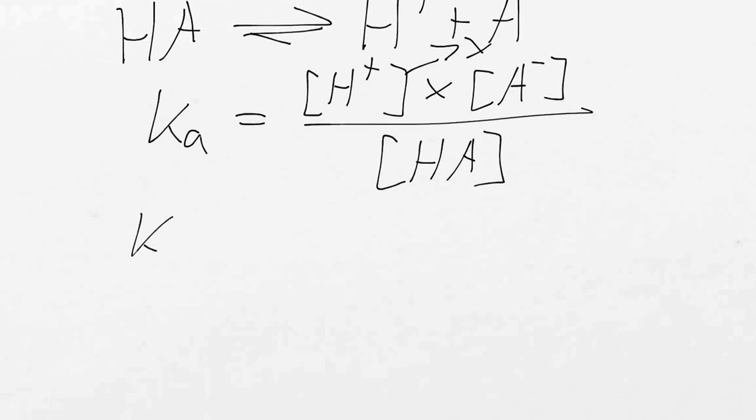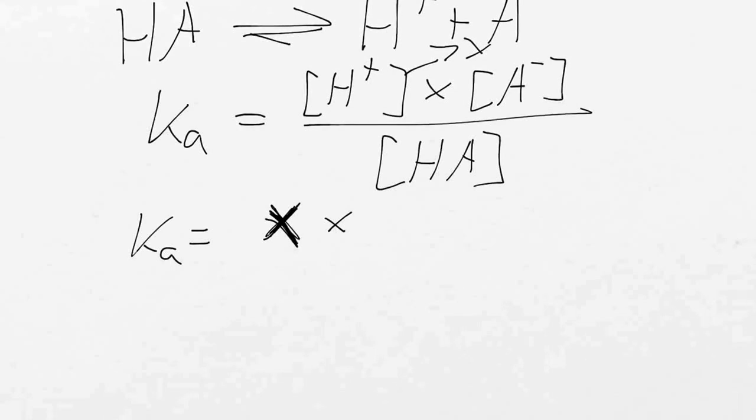So we can write Ka equals X. And I do it like that, so that we don't confuse it with the times. How many of the A minus have we got? What do you reckon? Now, X, because for each proton that we generate, we also generate an A minus. Absolutely right.